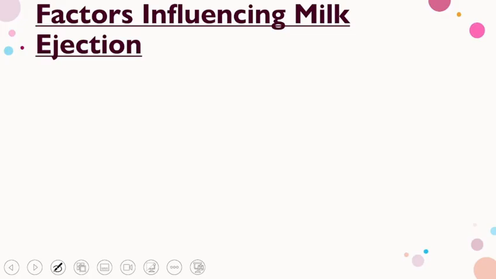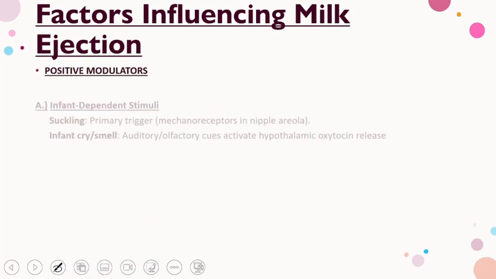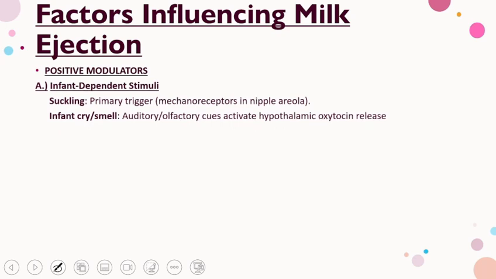Next, we see what factors influence milk ejection. Mainly here we discuss the positive modulators and the negative modulators. Positive modulators will be those factors which just accelerate the milk ejection process, and we see the infant-dependent stimuli, where the suckling is a primary trigger which stimulates the mechanoreceptors, from where the stimulus reaches the hypothalamus through the various afferent pathways.